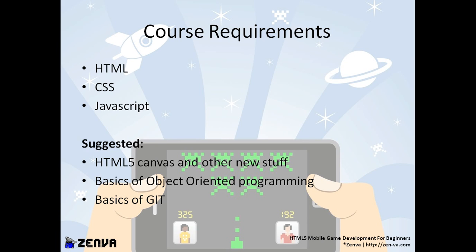What we also suggest, not really required, but I think it will make your life easier in this course and as a game developer as well, is to get into the basics of HTML5 canvas and some of the other new stuff that comes with HTML5. Also, it'd be really good to know the basics of object-oriented programming, basically what a class means and inheritance, because we'll be using some of that.